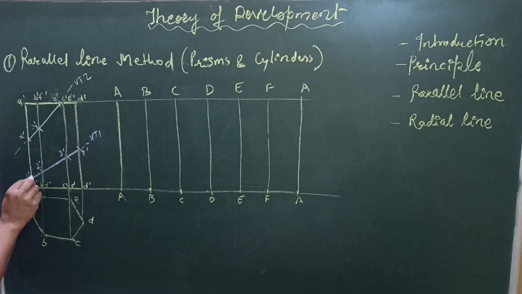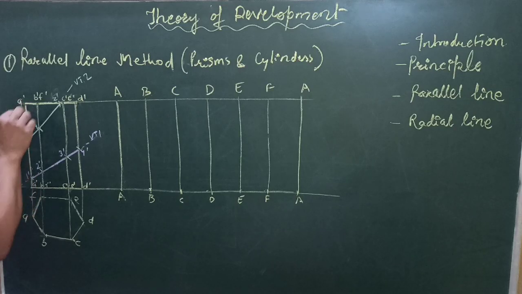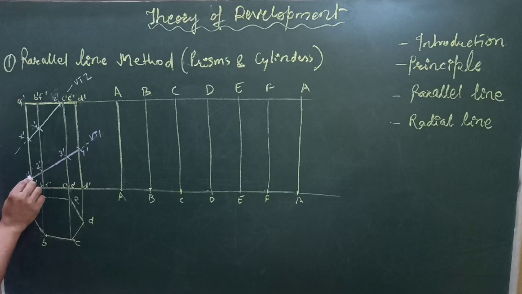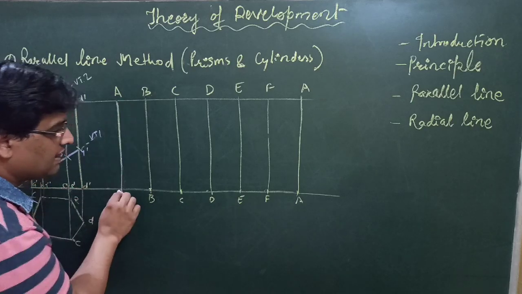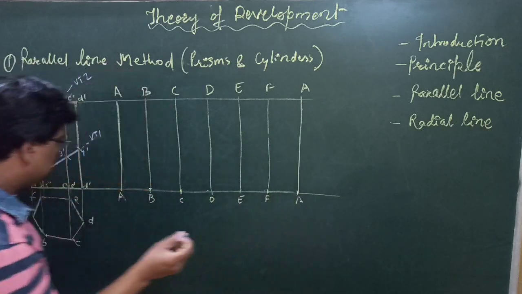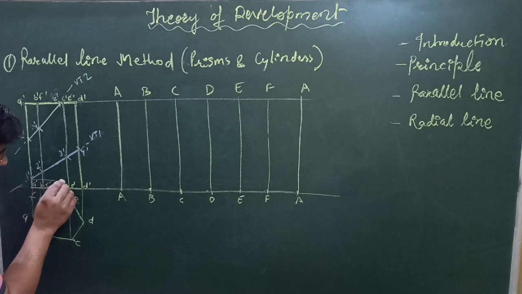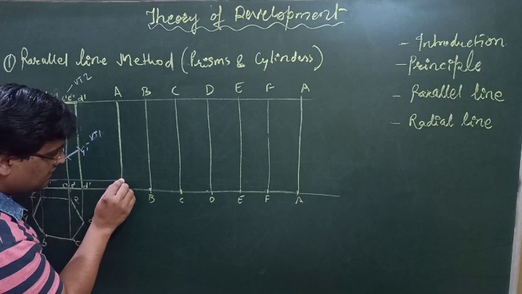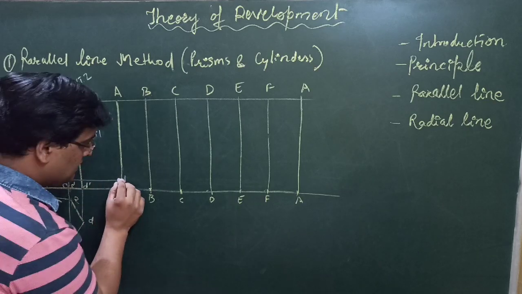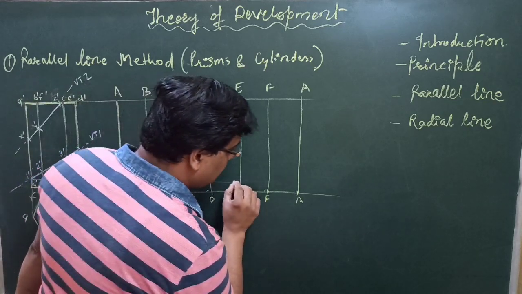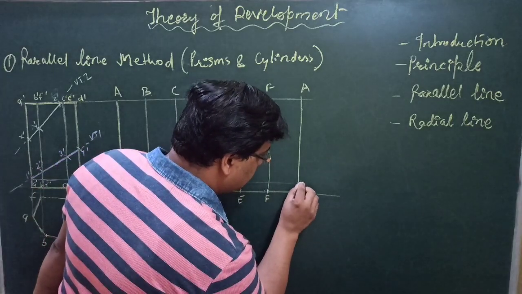For example, 1 dash is cutting AA. So the line from 1 dash will cut the vertical line from AA, this and this. In this manner you draw a line parallel to XY so that it cuts here, and this is point 1. Another point will be obtained here.